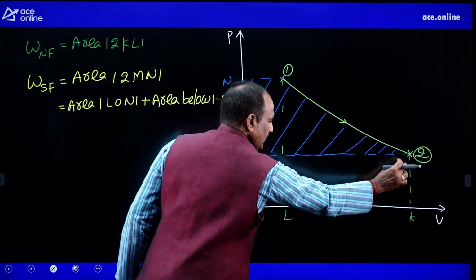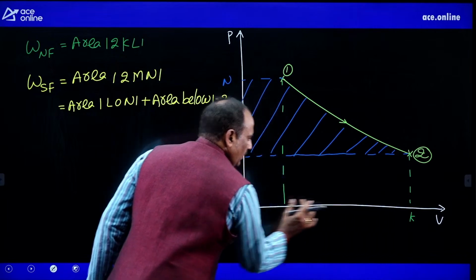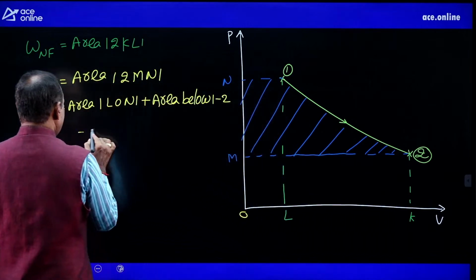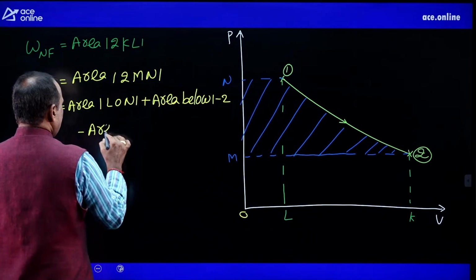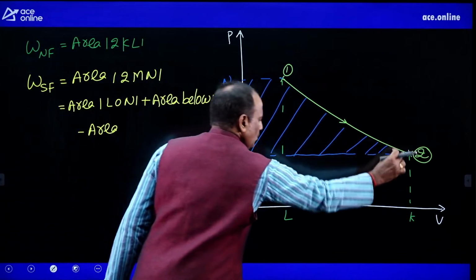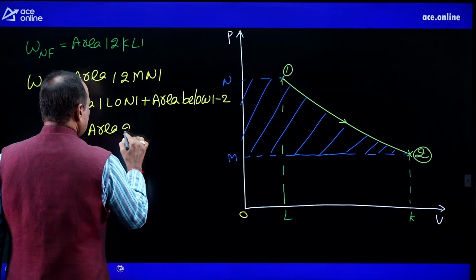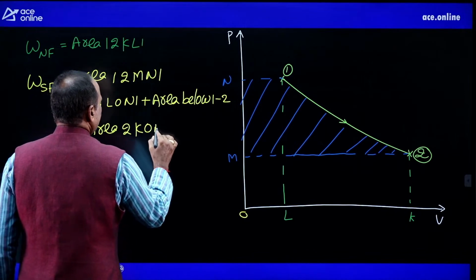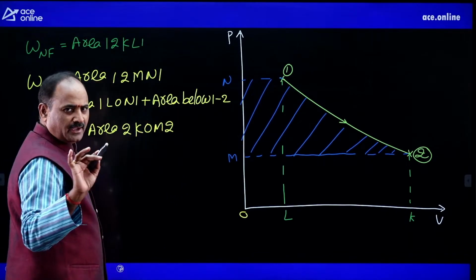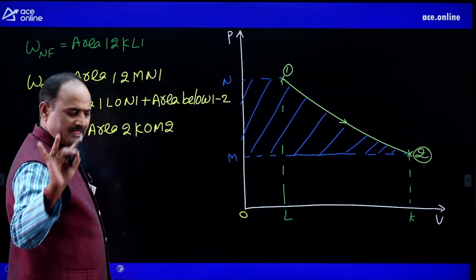For that I need to subtract this bottom side rectangle area, that is minus area 2, K0, M, 2. Are you following? Yes.